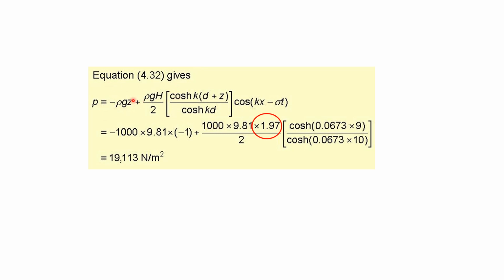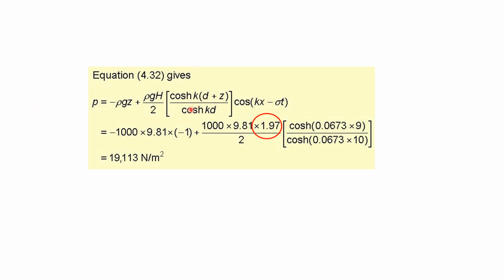We have k, which is 2 pi over L. We have d, which is 10 meters. And so we have 10 here, we have 9 here because d plus z is 9. And lastly, we have the cosine term, which is the phase term, that equals 1, because we want to find out the maximum pressure.